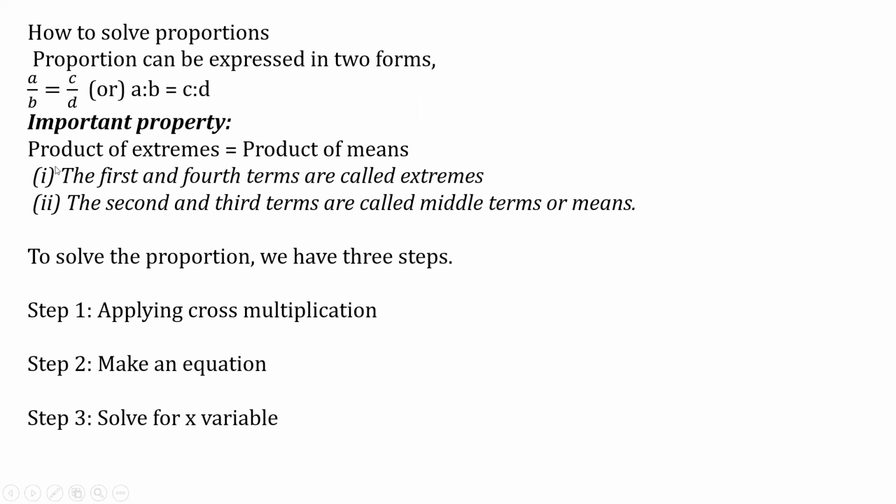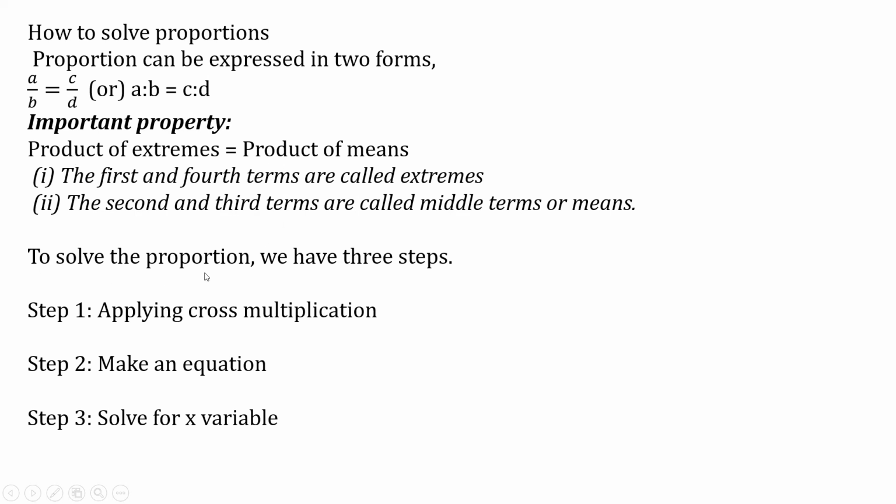In this form, the first and fourth terms are called extremes, and the second and third terms we call middle terms or means. So we have the product of extremes and the product of means.